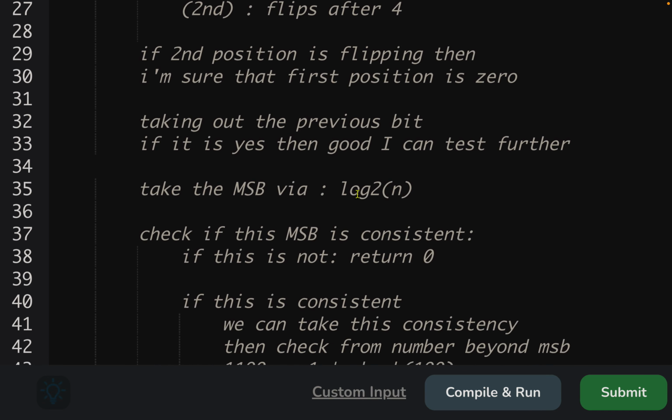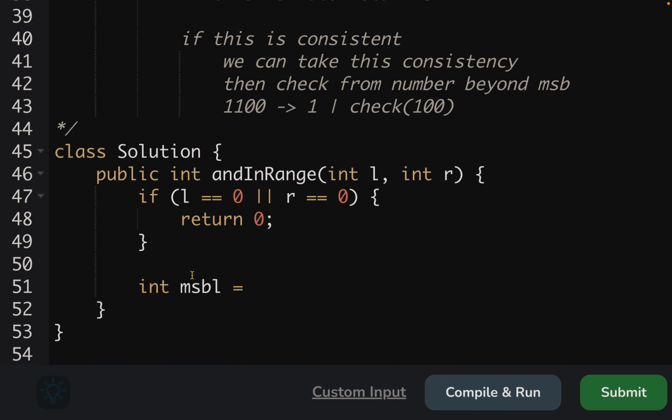How we are getting this MSB is log base 2 of n. So I'm taking Math.log of L divided by Math.log of 2, and this would give me a double. That's why I'm converting it into an int.